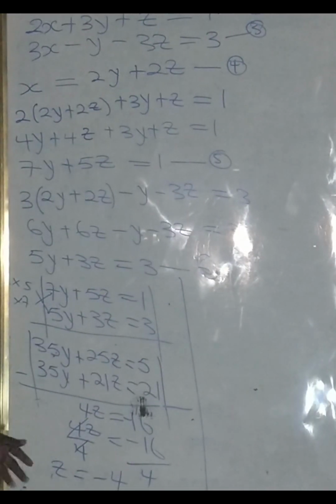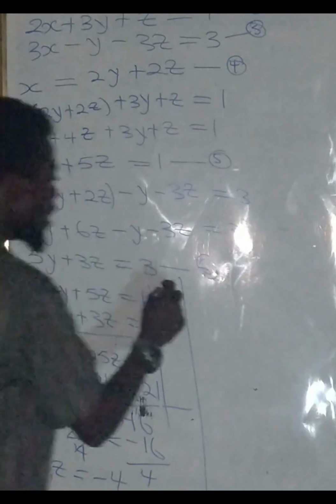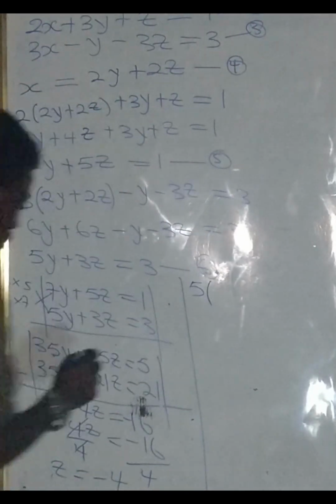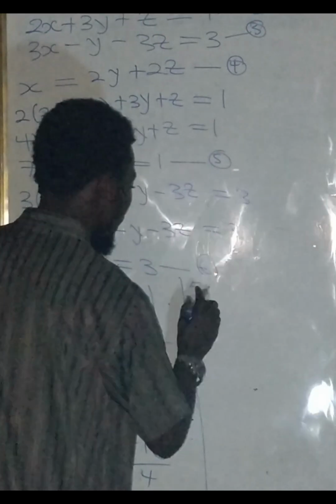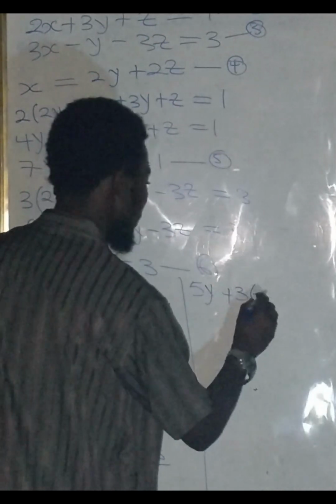Let's get the value of y. Which equation do you want to take? Let me say equation 6: 5y plus 3z equals 3. What is z? Minus 4.